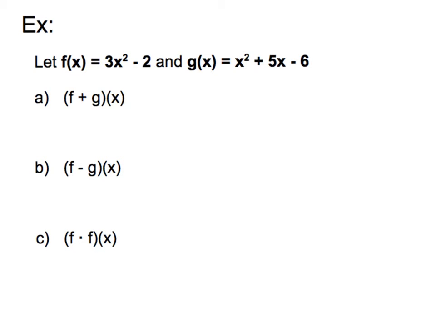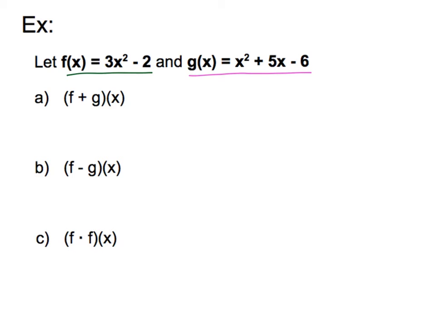All right, so you can see here I've given you this example where you have the function f and the function g. And in the first part here, it's going to ask you to add f with g. So anytime you see this symbol, that is saying, well, I'm going to grab f. Let me do f in green. So here's f, and here's g, and I'm going to do that one in pink.